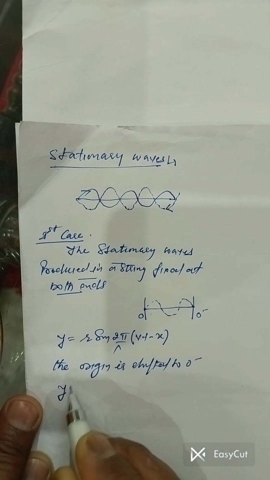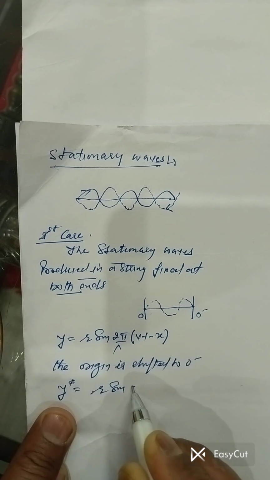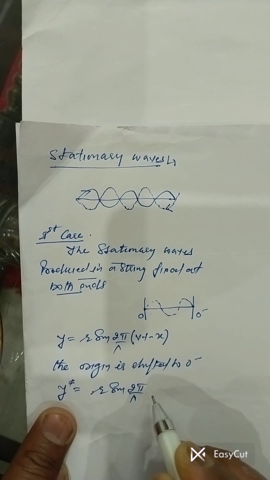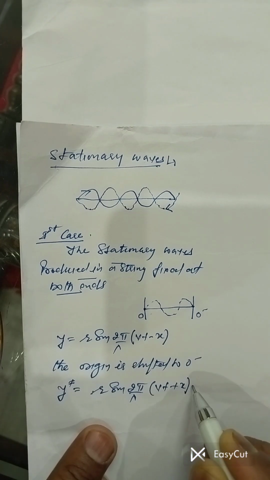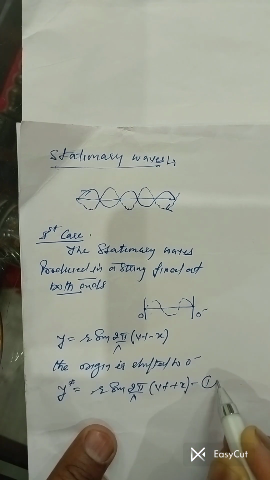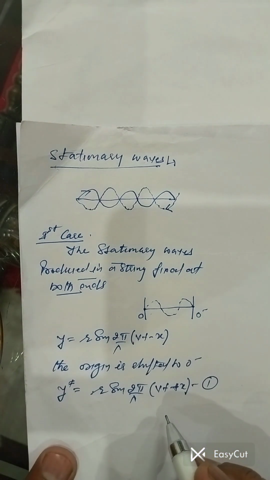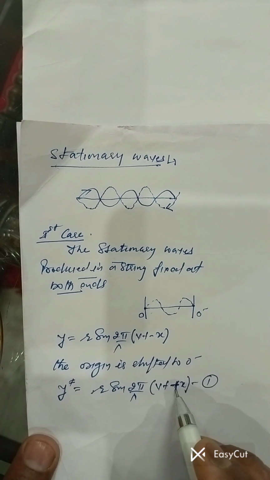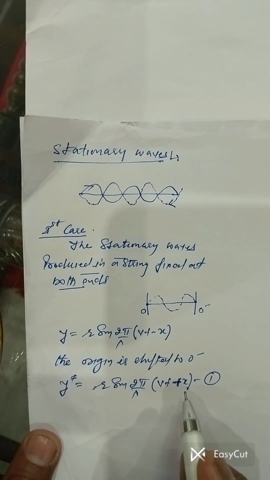Then the equation y is equal to r sine 2 pi upon lambda into (vt plus x). Okay, this is the equation. Origin is only shifted just to take x positive, otherwise there is no other rule. So y is equal to r sine 2 pi upon lambda (vt plus x).